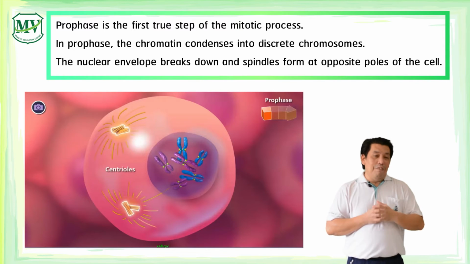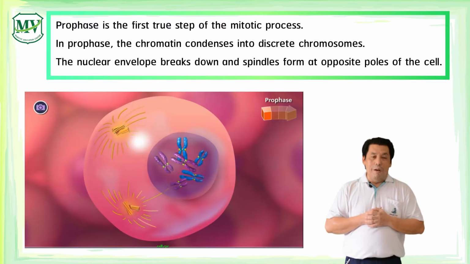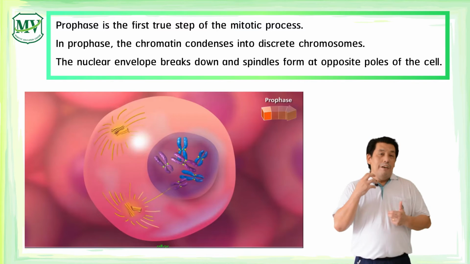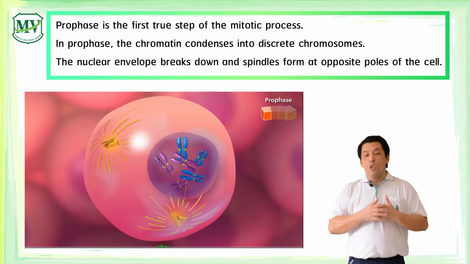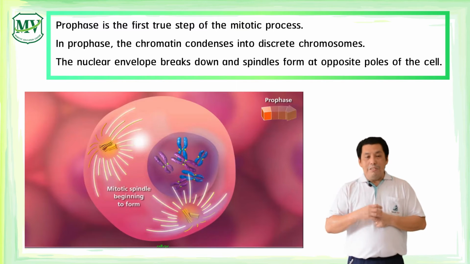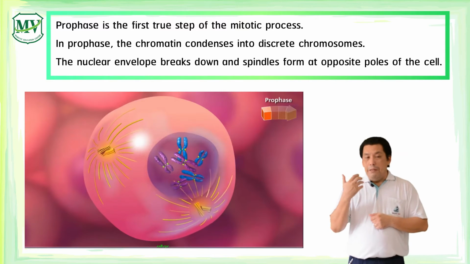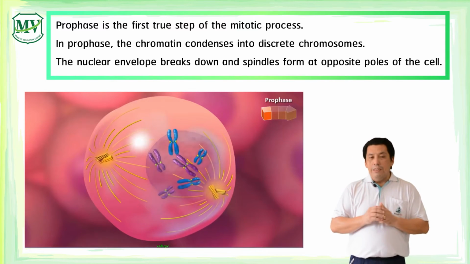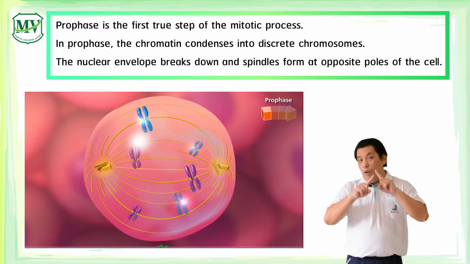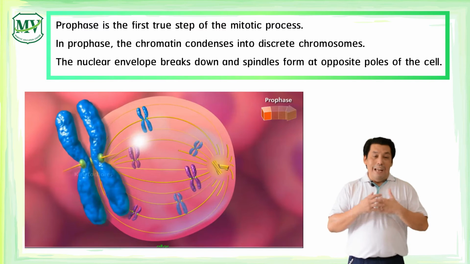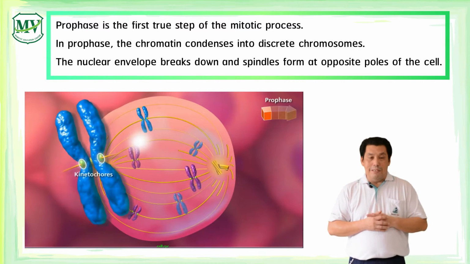Since each of the parent cell's chromosomes were replicated during interphase, there are 2 copies of each chromosome now in the cell during prophase. Once the chromatin has condensed into individual chromosomes, the genetically identical chromosomes come together to form an X shape called sister chromatids.